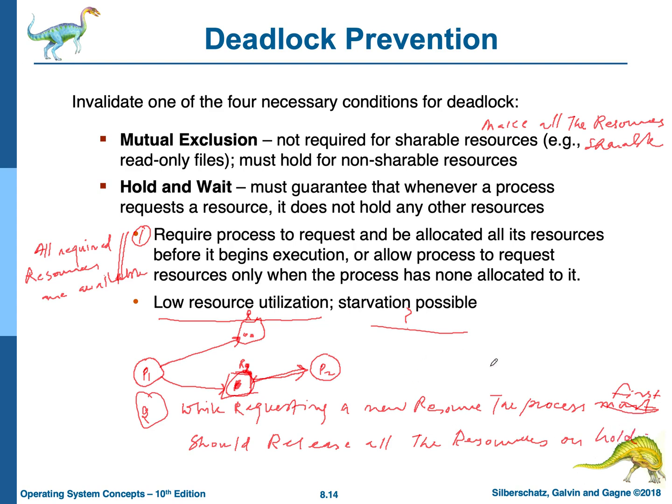For example, this is, let's say, P1 and this is P2, and this is R1 and this is maybe R2, right? So this might have two instances, and this might have one instance.